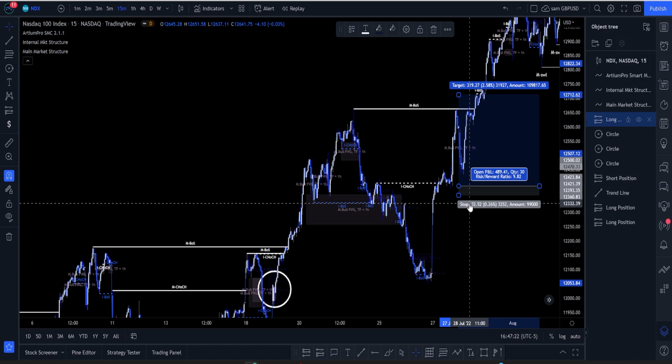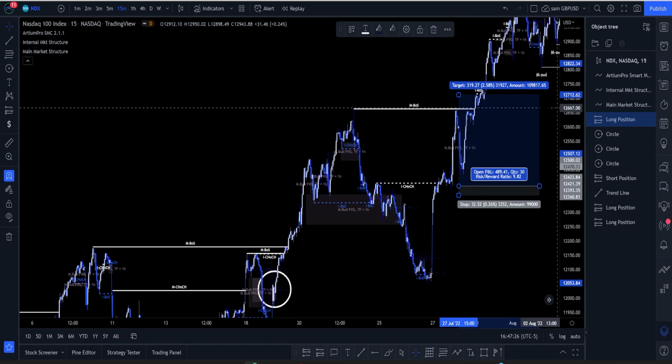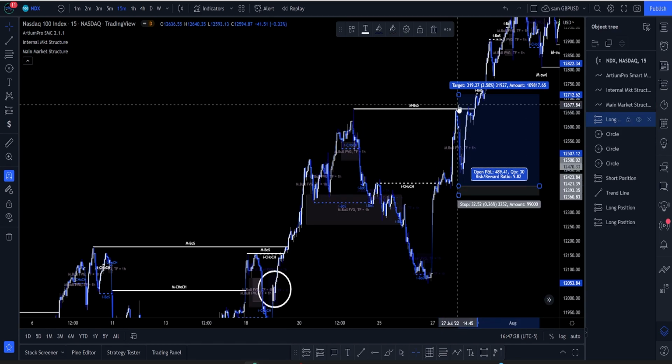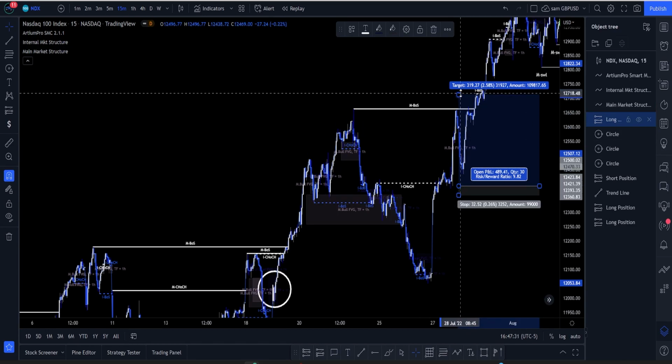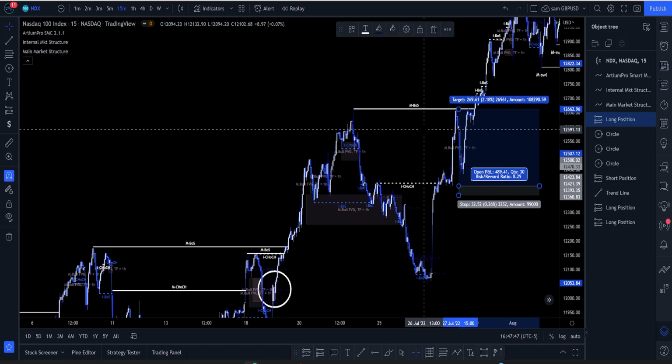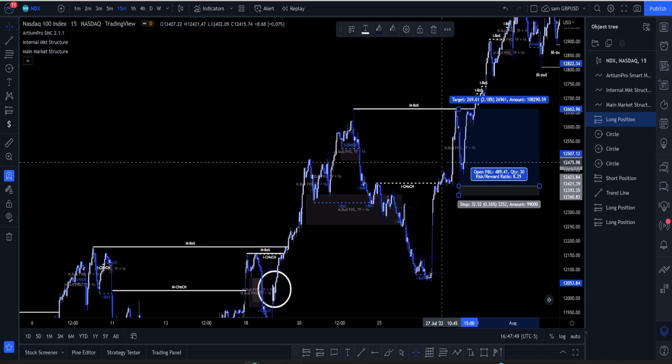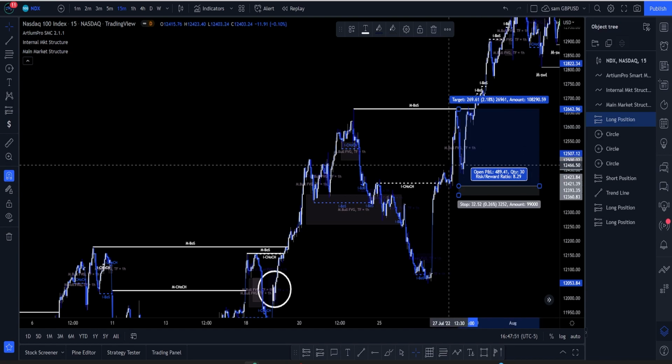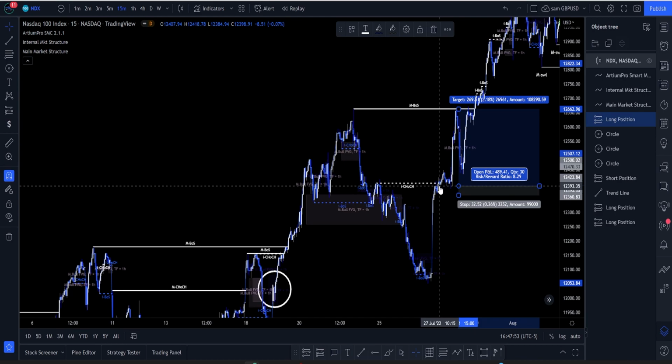Now, I also recommend for everybody to start demo trading. Make sure you're a profitable trader before you start trading with live funds. And everybody's different on this. But while you're practicing in a demo account, see if you can grow your account by using these types of trades.